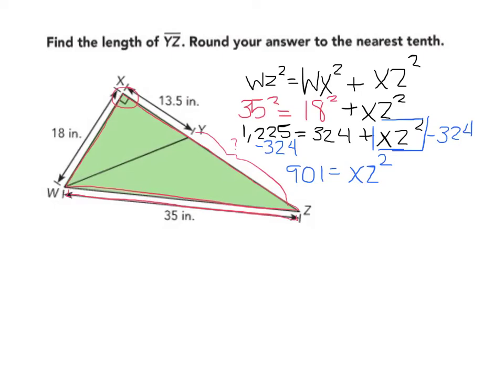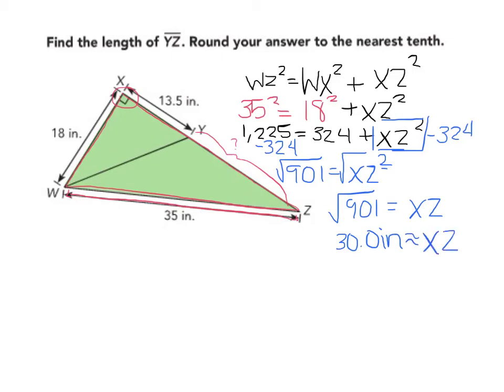Then if you remember, if I'm trying to get rid of a square, the opposite of a square is a square root, so I have to take the square root of both sides. So that leaves me with the square root of 901 equal to side length XZ, which is approximately 30.0 inches. And we are going to say approximate because it was rounded.